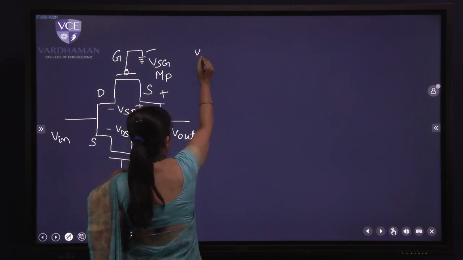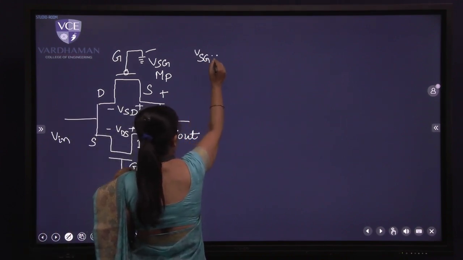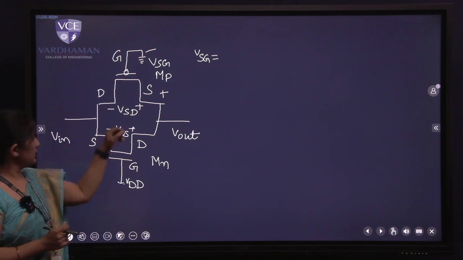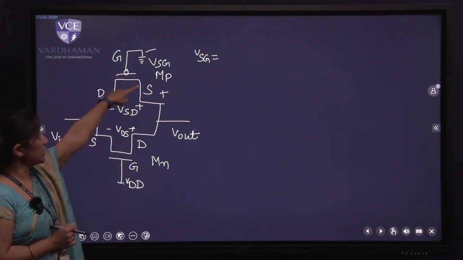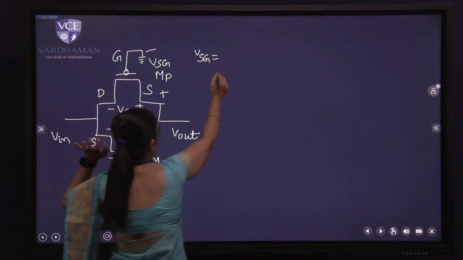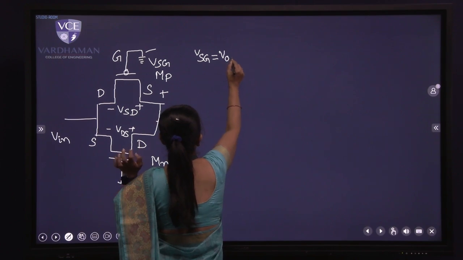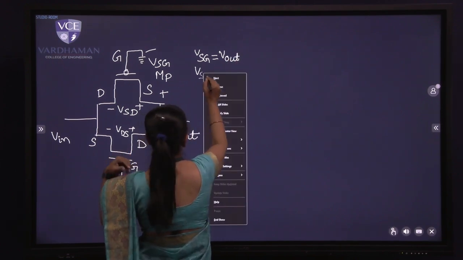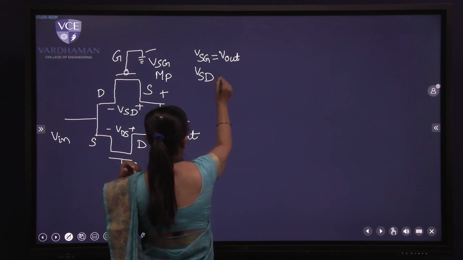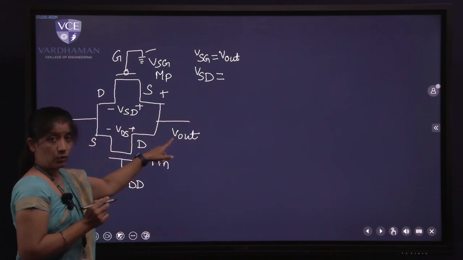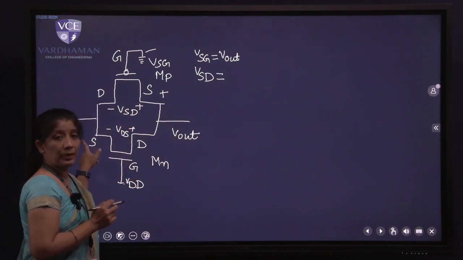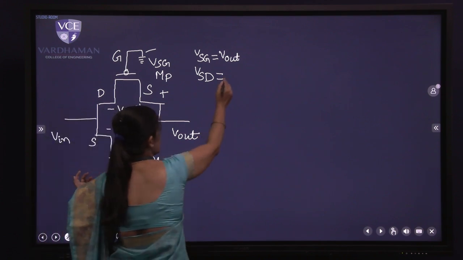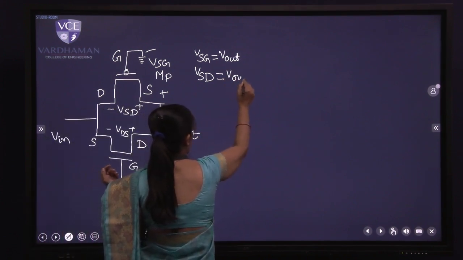So VSG, if you write it down from the circuit, S is connected to Vout, G is connected to ground. So I'll write this down as Vout. Then what is happening to VSD now? VSD, S is connected to Vout, drain of PMOS is connected to ground. So this is again equal to Vout.